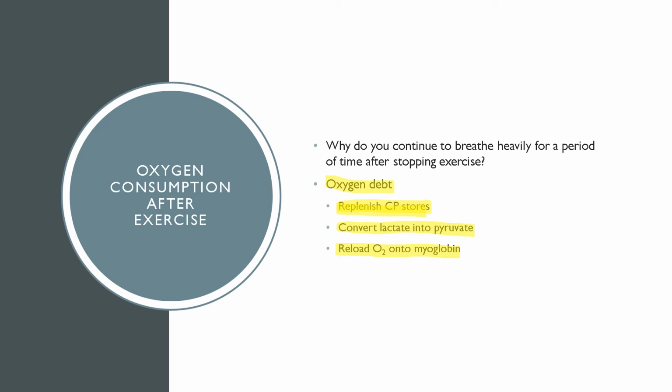Now really a better term for oxygen debt would be recovery oxygen uptake, and this is because the elevated oxygen consumption after exercise is to bring the body back to normal.